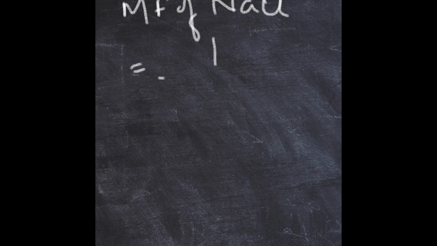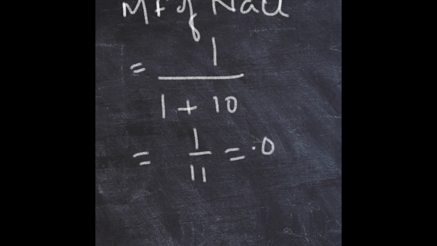Now the mole fraction of NaCl is equal to the number of moles of NaCl, which is 1, upon the total number of moles, that is 1 plus 10. So this is equal to 1 upon 11, which is equal to 0.09. So 0.09 is the mole fraction of NaCl. This is how we find the mole fraction.